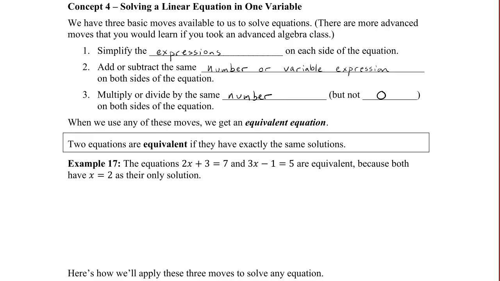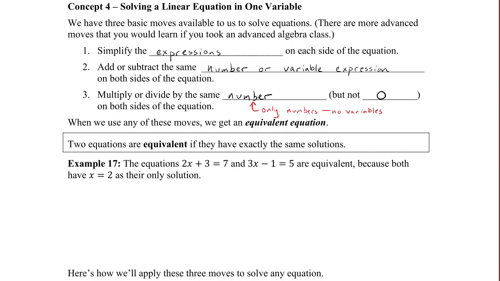Because we want to make sure that we're not dividing by 0, we will not, at this point, divide both sides of an equation by a variable expression. Multiplying or dividing both sides of an equation by a variable expression is a more advanced technique, which you'll see if you take a more advanced algebra class. But as a basic move, we're only going to multiply or divide by a known number that we know for a fact isn't 0.